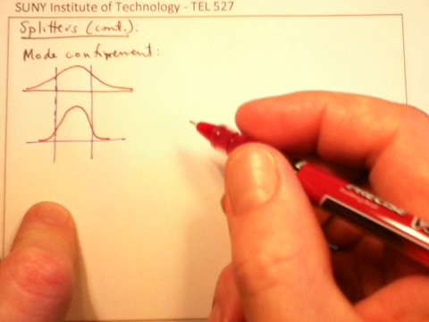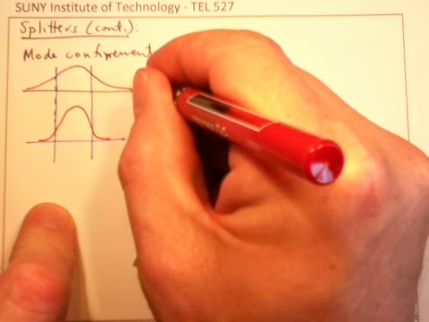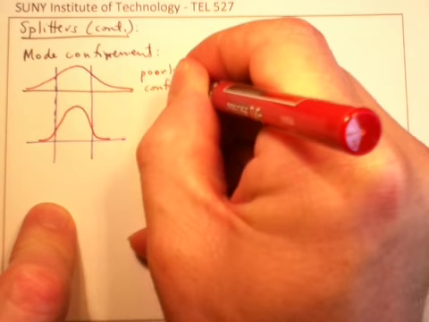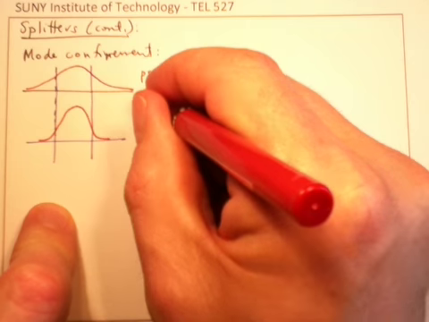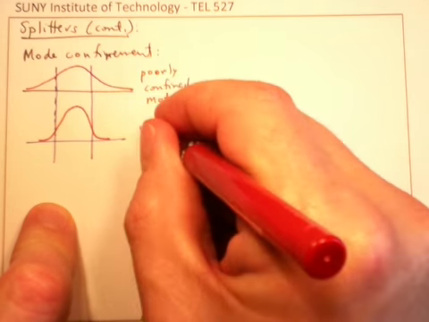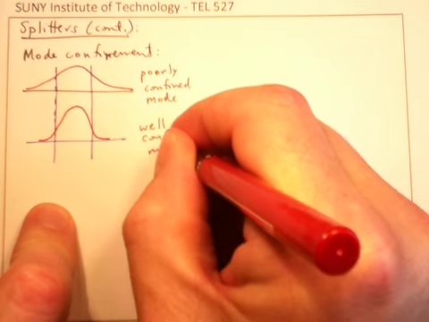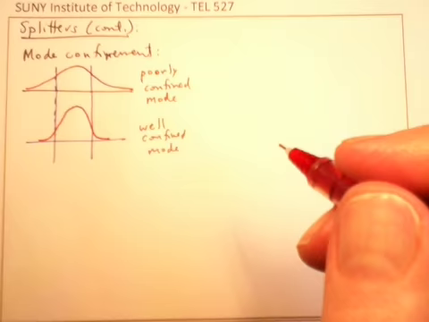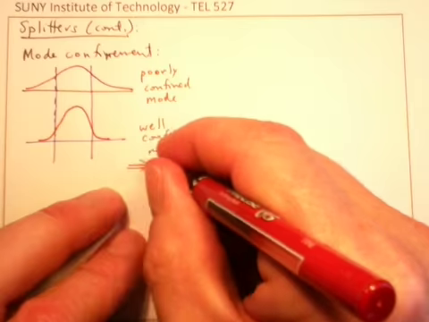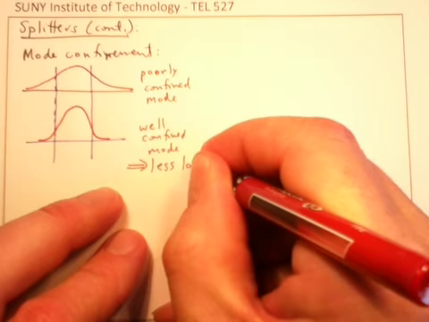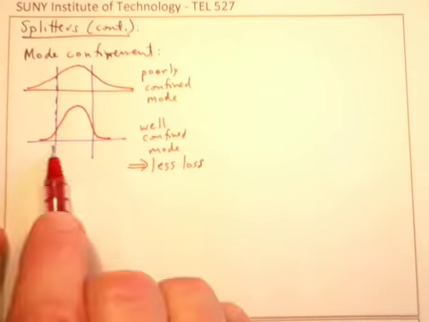This one has a poorly confined field or mode, and this is a well confined mode. It turns out that in integrated optic devices, well confined modes have less loss. And that's because of the imperfections in the waveguide.